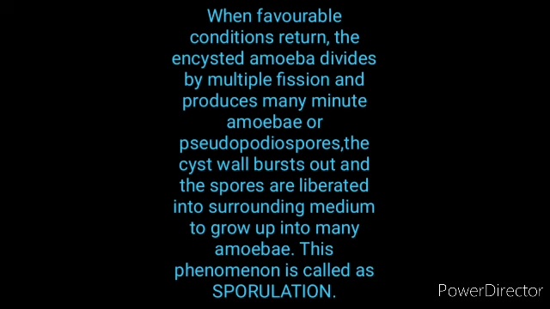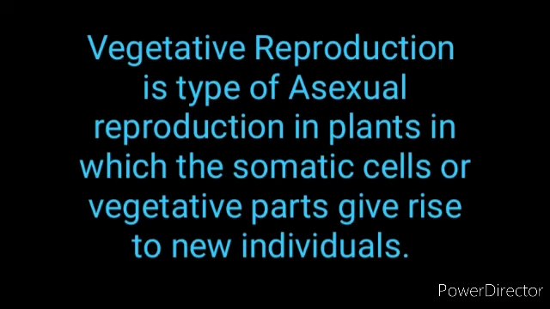Next, what did we discuss? Vegetative reproduction, which is present only in plants. Vegetative reproduction is also a type of asexual reproduction in plants. What is the meaning of vegetative parts? Plant parts: root, stem, leaf, and different parts, any part, give rise to a new individual.